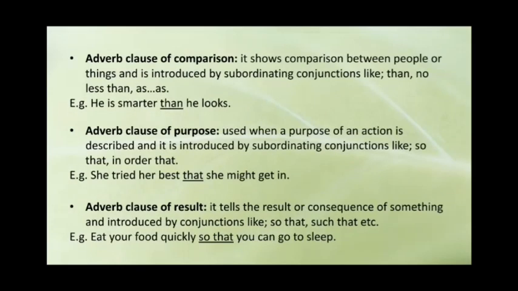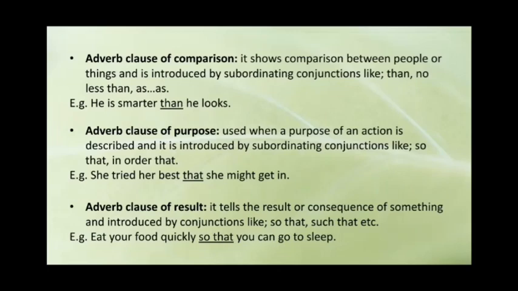Next is adverb clause of comparison. It shows comparison between people or things, and it is introduced by conjunctions like than, no less than, as. In between there will be a part of the sentence and as.